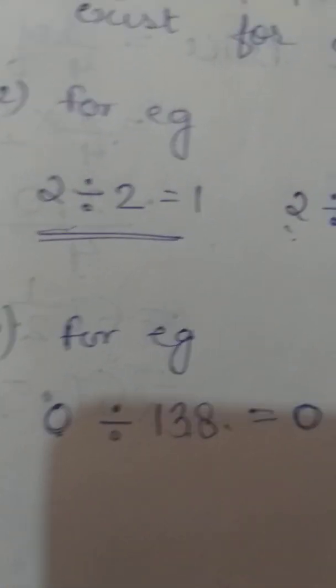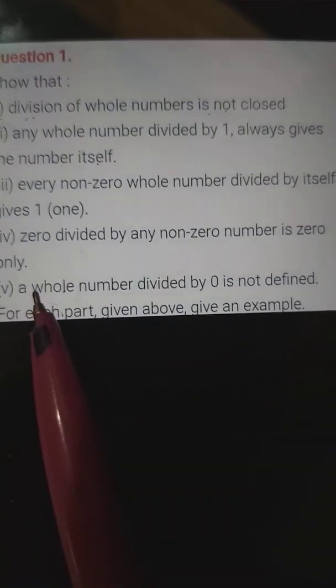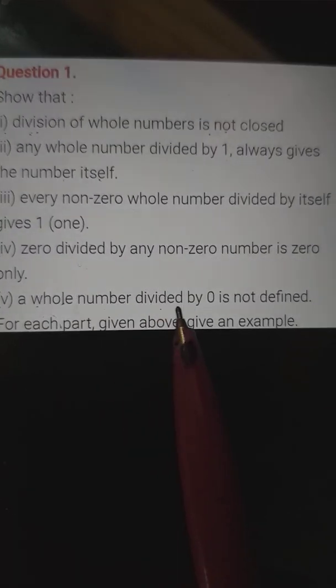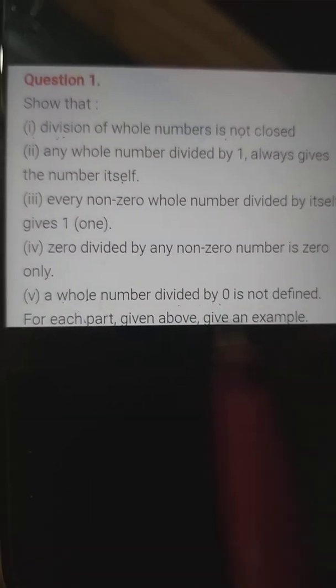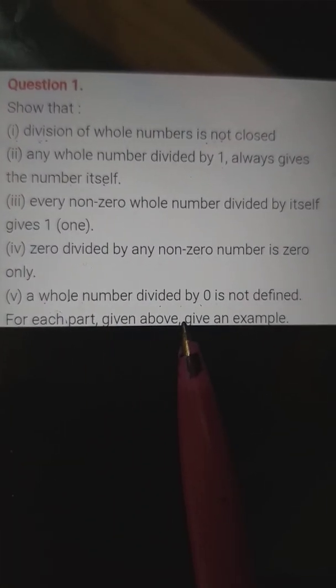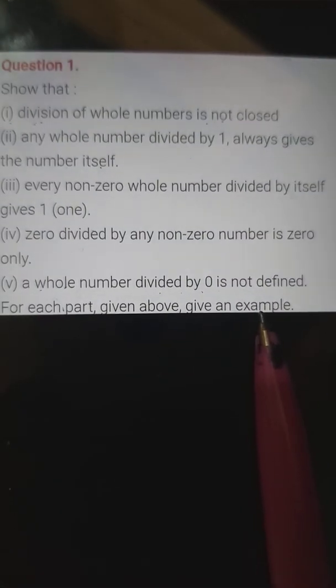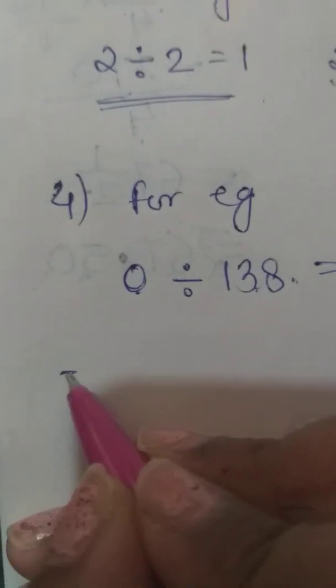Let's try the next one. Question 5, the last question of this. A whole number divided by 0 is not defined. For each part given above, give an example. So we'll understand with an example.